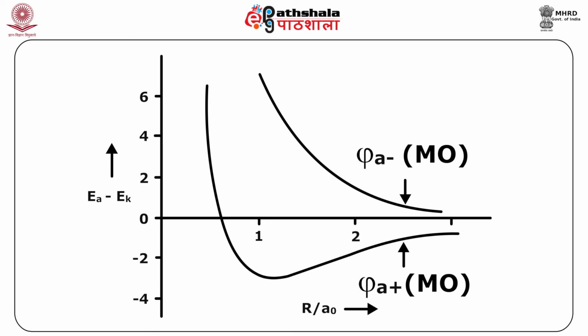You can also notice here that the distance at which one notices the minimum is really the molecular bond length of the hydrogen molecule ion according to MO theory, and this corresponds to a bond distance of 1.06 angstrom. The depth, that means the minimum, lies at 2.8 electron volt, which we say is the bond energy of the hydrogen molecule ion.